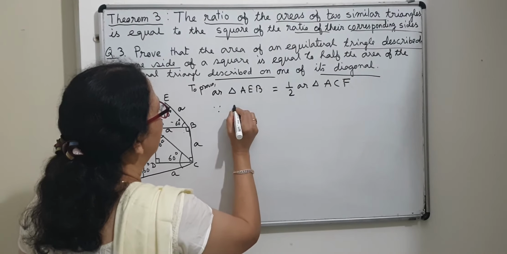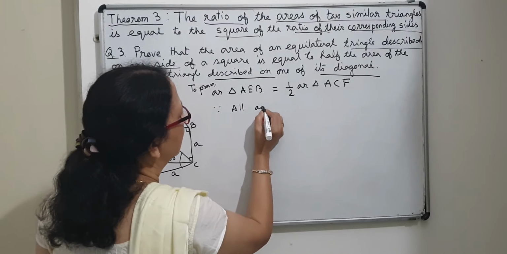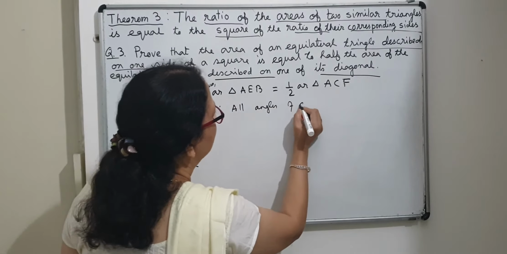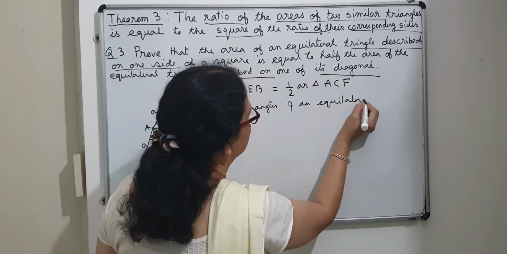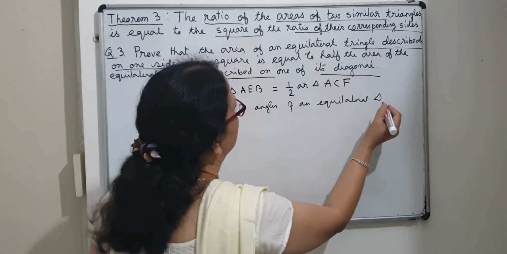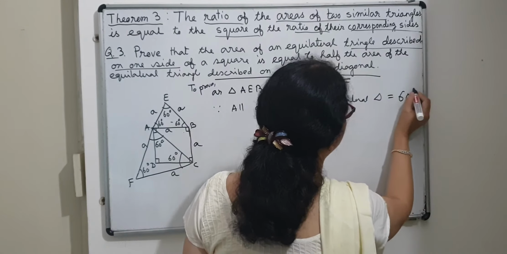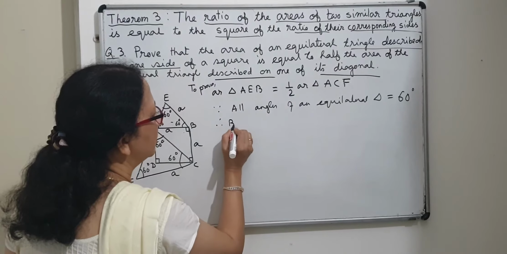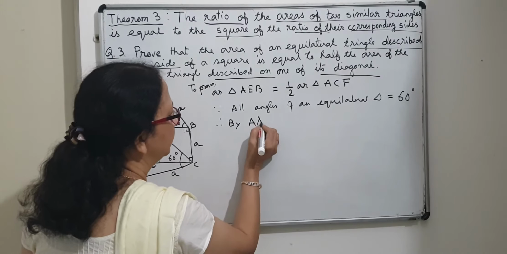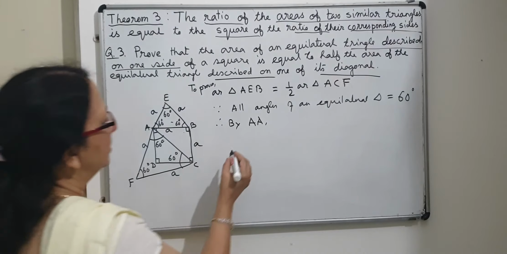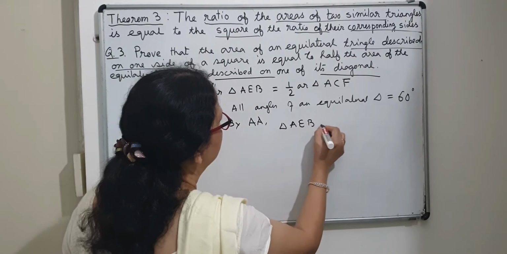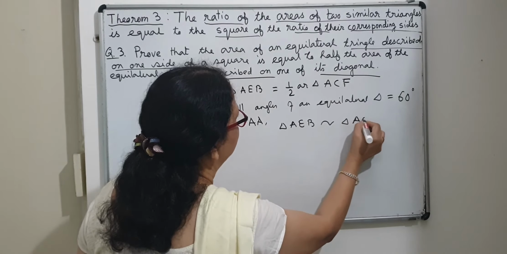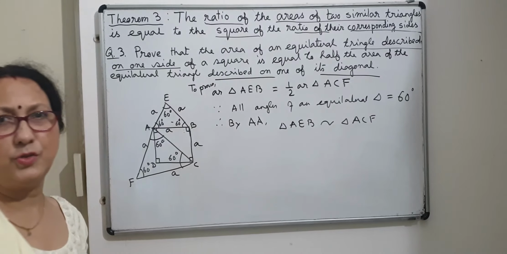That means all angles of an equilateral triangle are equal to 60 degrees. Therefore, we can use the AA criterion: triangle AEB is similar to triangle ACF. This we have proved.